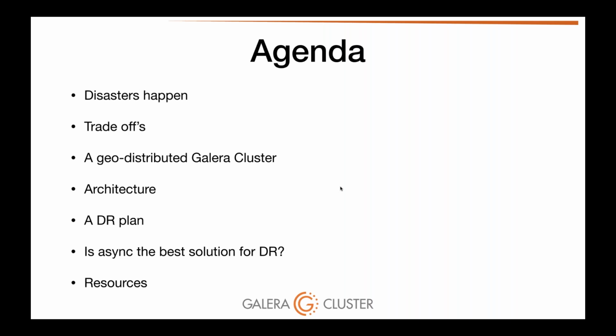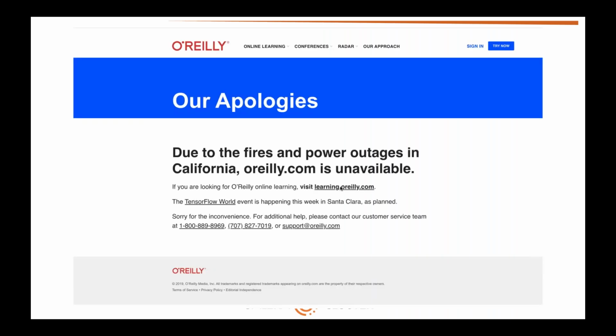So we're going to talk about disasters, trade-offs, the fact that you can actually have a geo-distributed Galera cluster, architecture choices, and having a plan for disaster recovery. Sometimes people will tell you asynchronous replication might be the best solution for disaster recovery. Is it? And of course, naturally some resources as well.